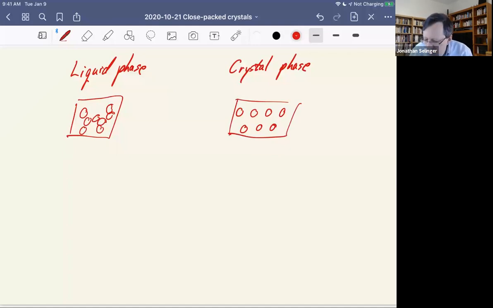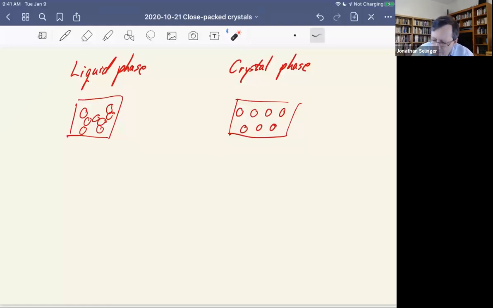Okay, so the point is, because these are organized better, right, then each of the particles has more room to vibrate around. Okay, and so that consideration by itself can give a higher short-range entropy for the crystal, even though the liquid has more disorder of the directions and positions.